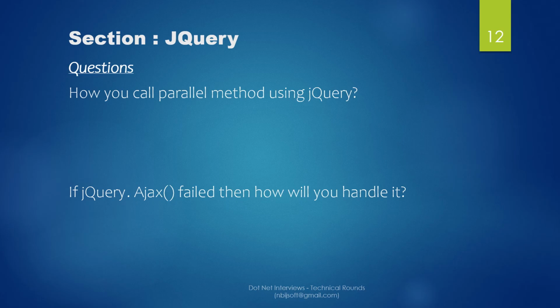I explained that whenever you have to call web APIs, we use jQuery.ajax. We mention the URL, its data type, and its success and failure functions. If it is successful, it will come to our code and we will assign the values.